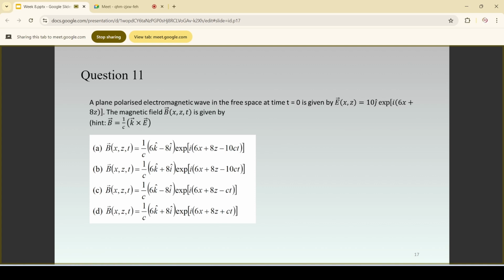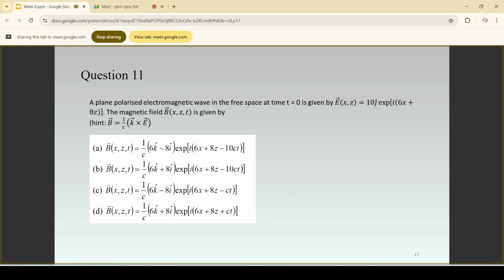So the omega can be replaced with k into c. The magnitude of k is 10, so omega is k into c, with mod of k being 10.